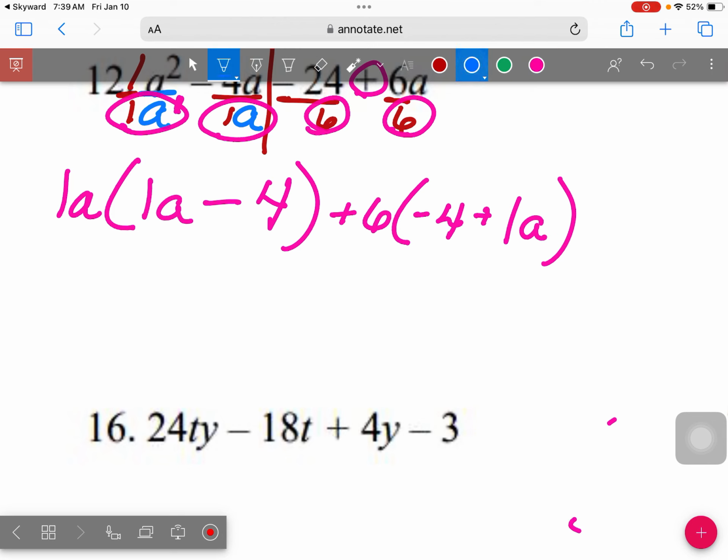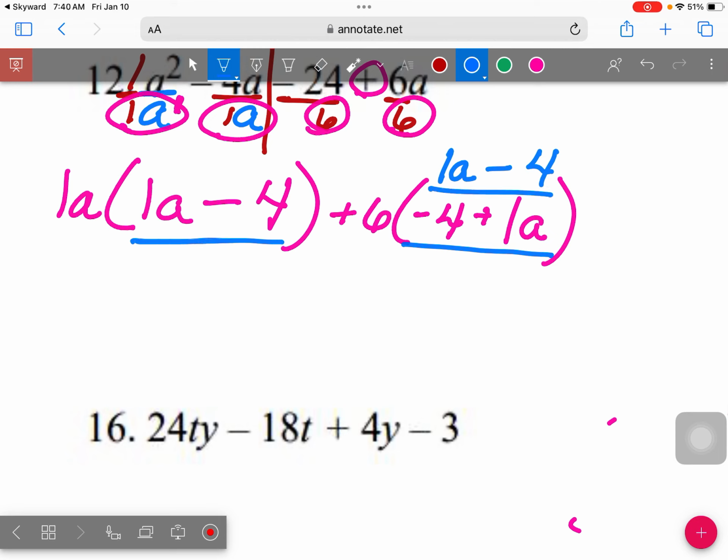So I'm like, wait a minute. These do not look exactly the same, Miss Thede. You're right. They aren't exactly the same. However, you have a negative 4 plus 1a. That is the same as 1a minus 4. So it is the same thing, okay?